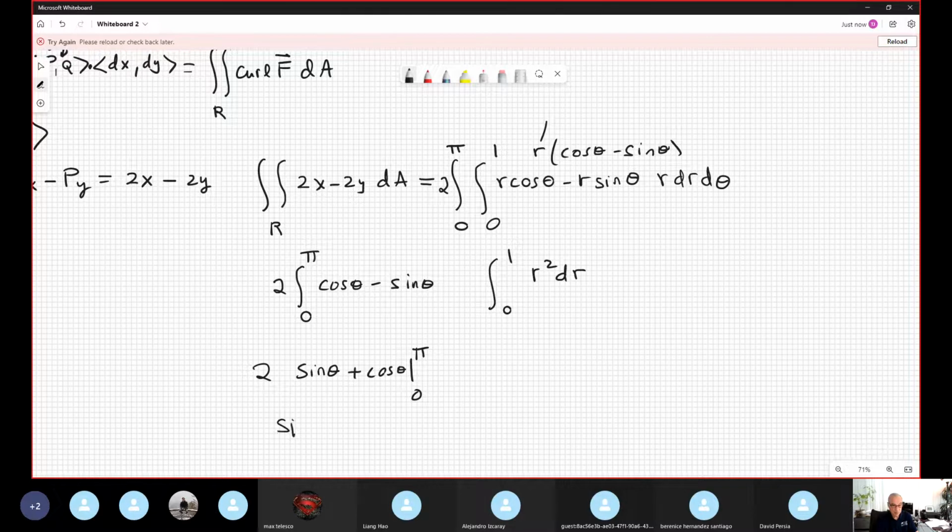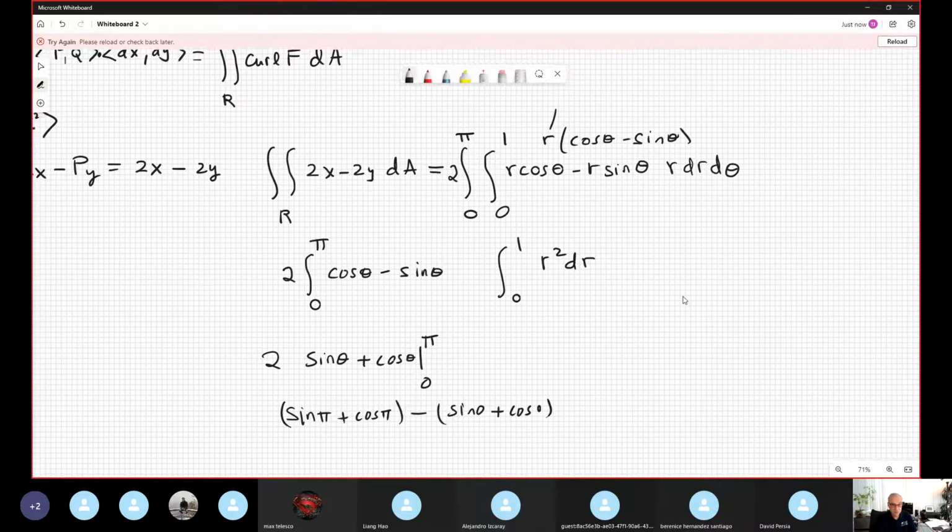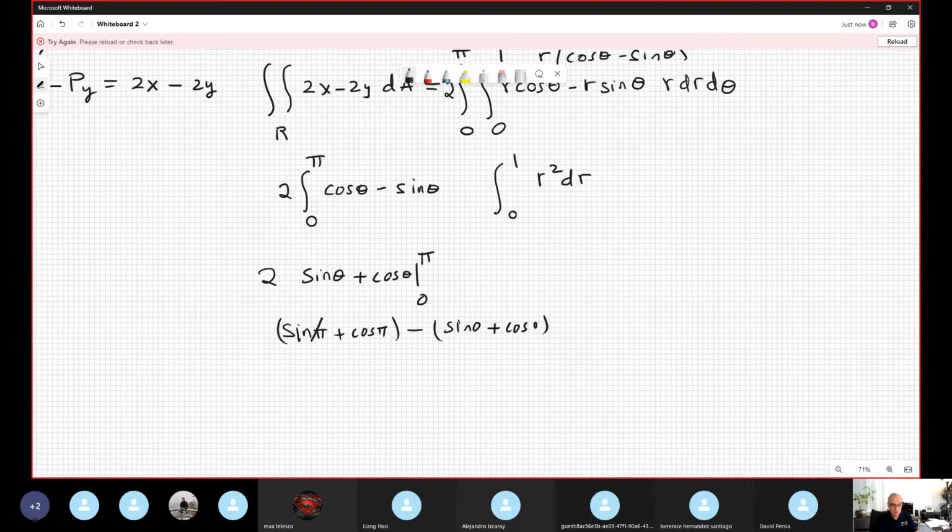It's sine pi plus cosine pi minus sine 0 plus cosine 0. Okay, cool. So sine pi is 0, cosine pi is negative 1.